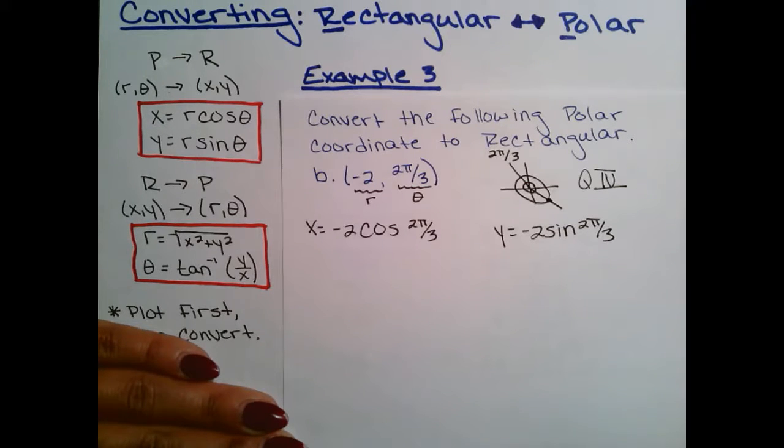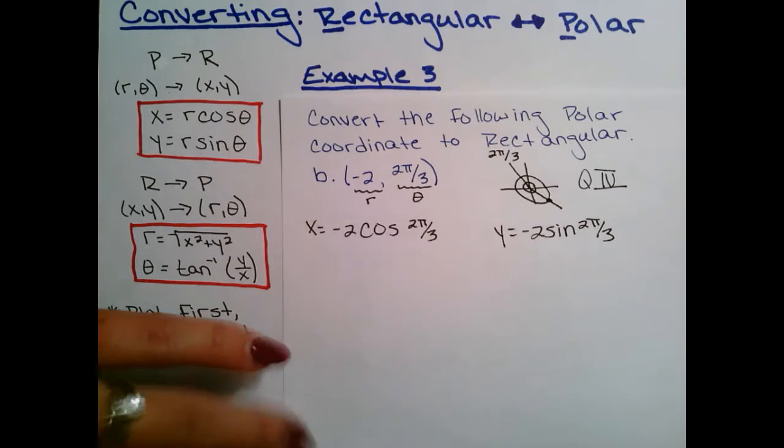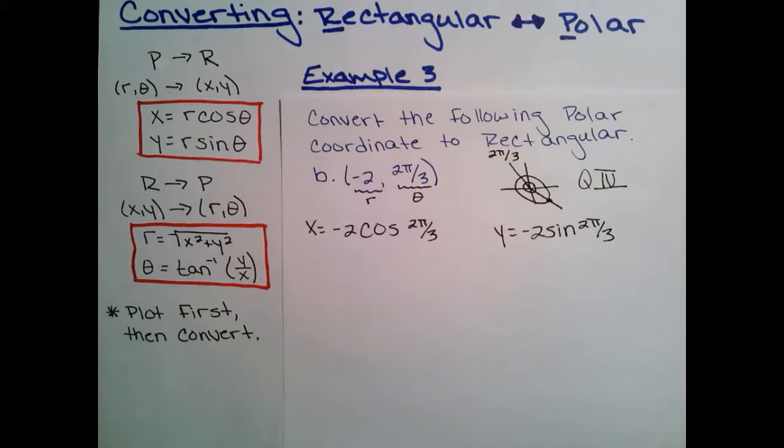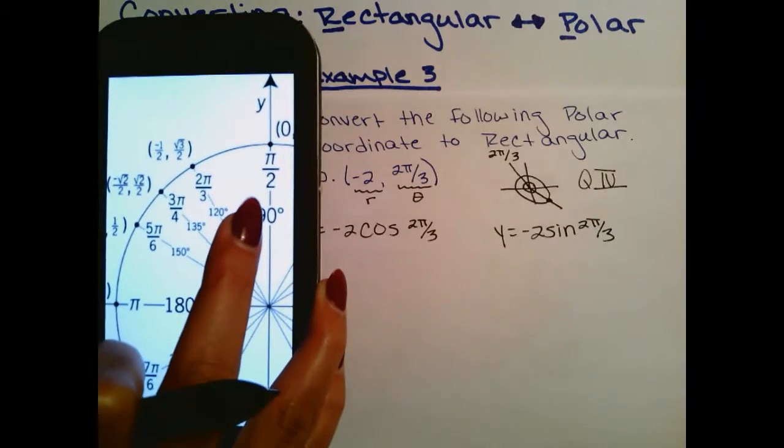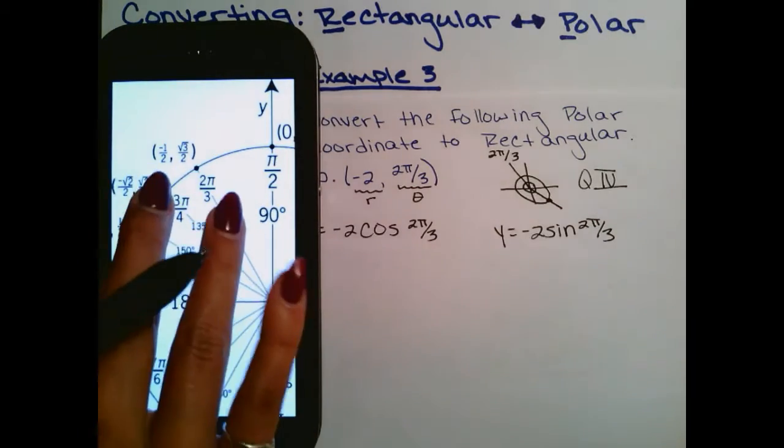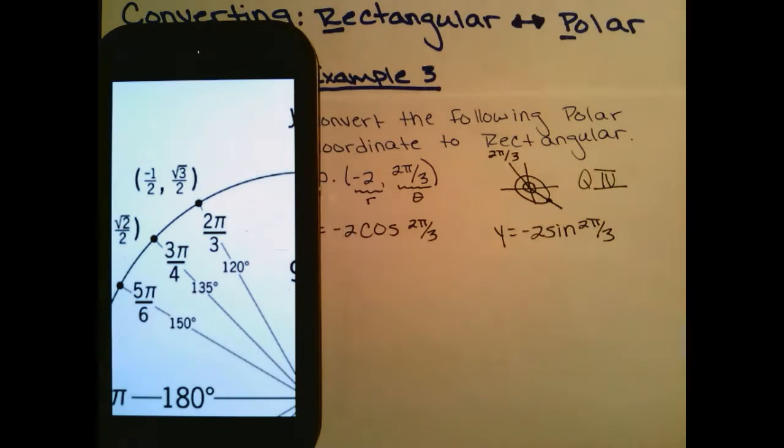I always encourage my pre-cal students to use their unit circle. So if we look back here at 2 pi over 3, we have our cosine is negative 1/2 and our sine is radical 3 over 2.